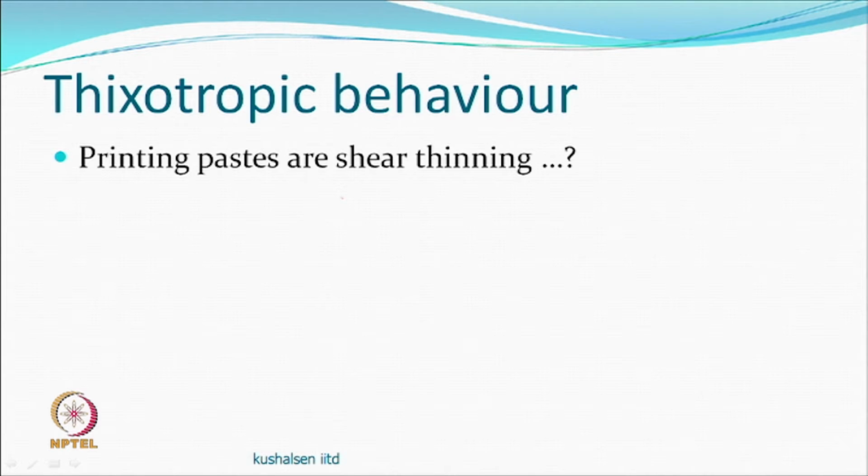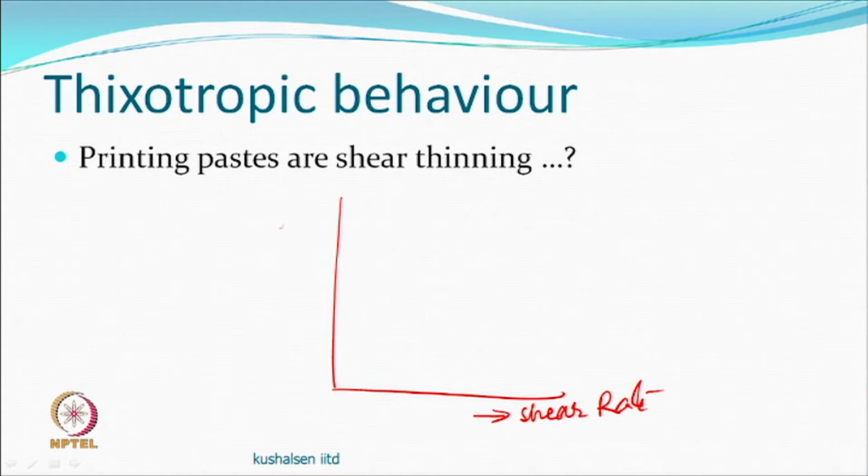So, if you look at a printing paste and its behavior, we call it rheology of any viscous system, rheology, all right. So, when you increase the shear rate and measure viscosity, what you will see is the drop.